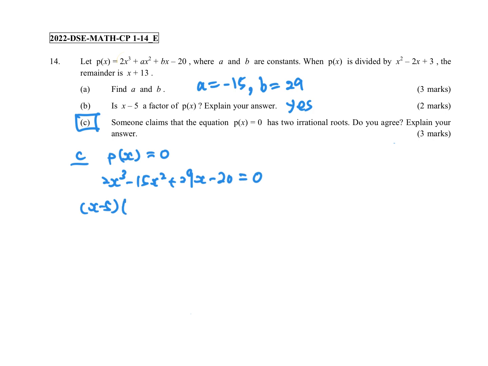We make use of the factor to do the long division to factorize the cubic polynomial. Minus 10x squared, so we need minus 5x, and then minus 5 times plus 4 equals negative 20. Then we have this factorization: x minus 5 equals 0, or 2x squared minus 5x plus 4 equals 0.